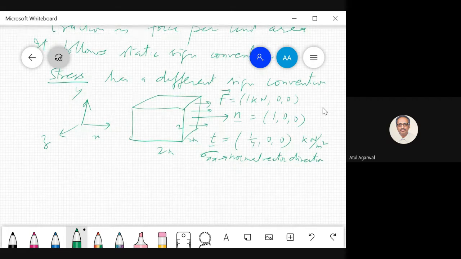First component is component of force in x direction. You see, normal vector to this face is in x direction. So we use x, saying that normal vector direction is x direction.